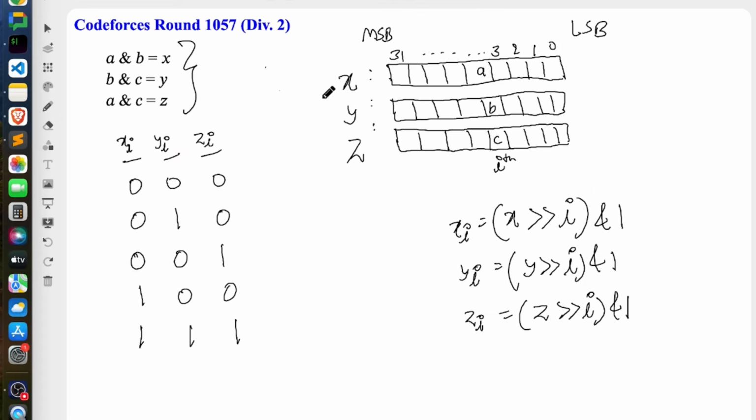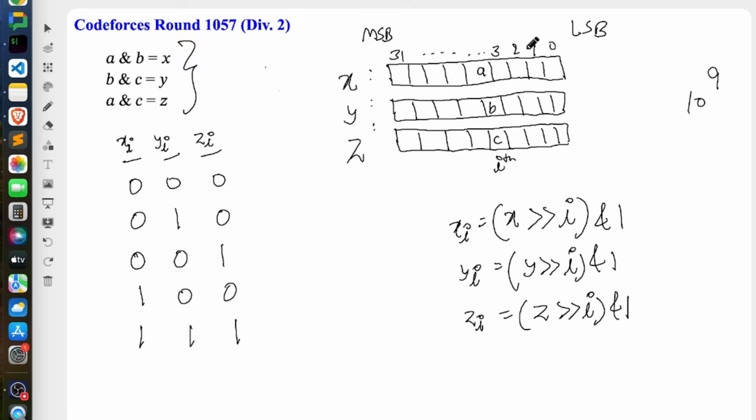So in this problem we are given x, y, and z, right? So what we will do first, we will represent each of x, y, and z in its binary representation, right? Since the numbers are only up to 10 to the power 9, it can be represented as a 32-bit number. So this is my LSB, this is my MSB.